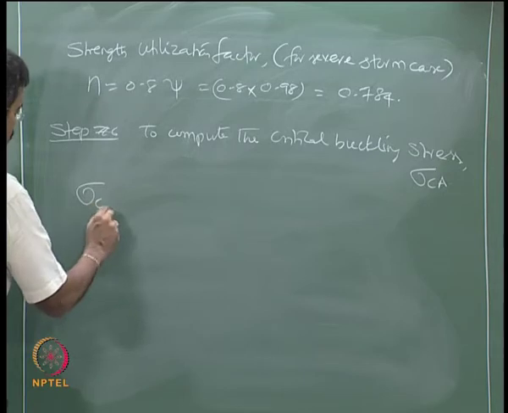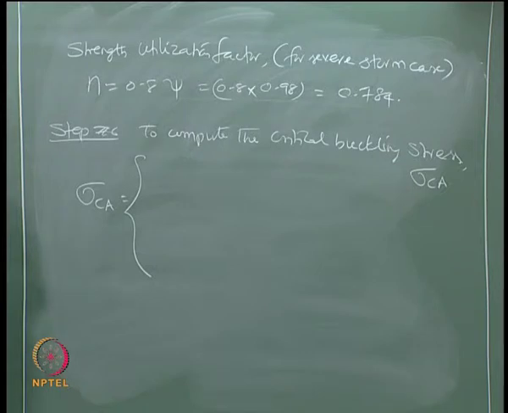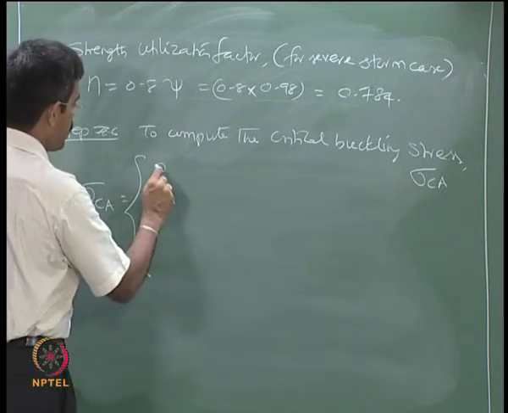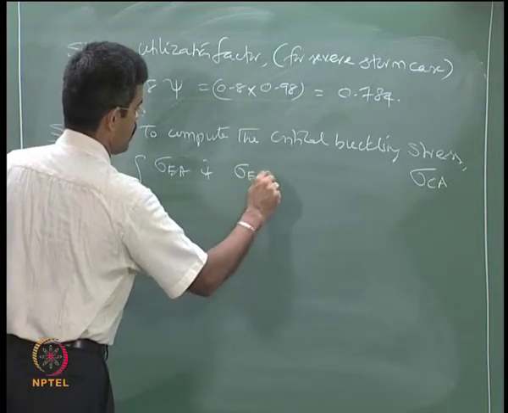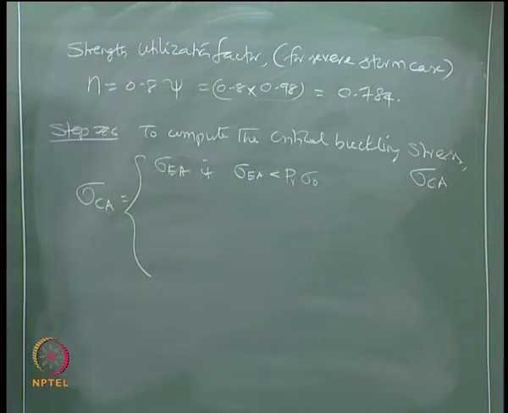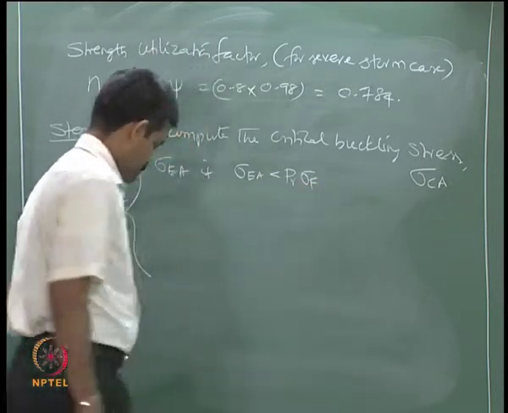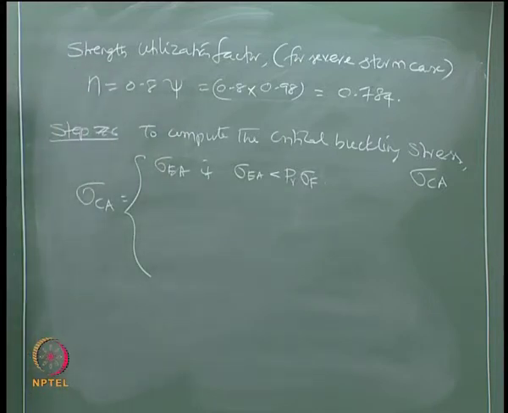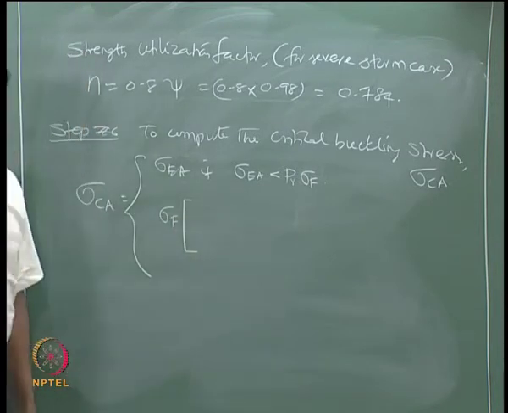Now, sigma Ca is given by two expressions: it is directly equal to sigma Ea if sigma Ea is less than PR sigma F, or sigma F multiplied by a second expression.